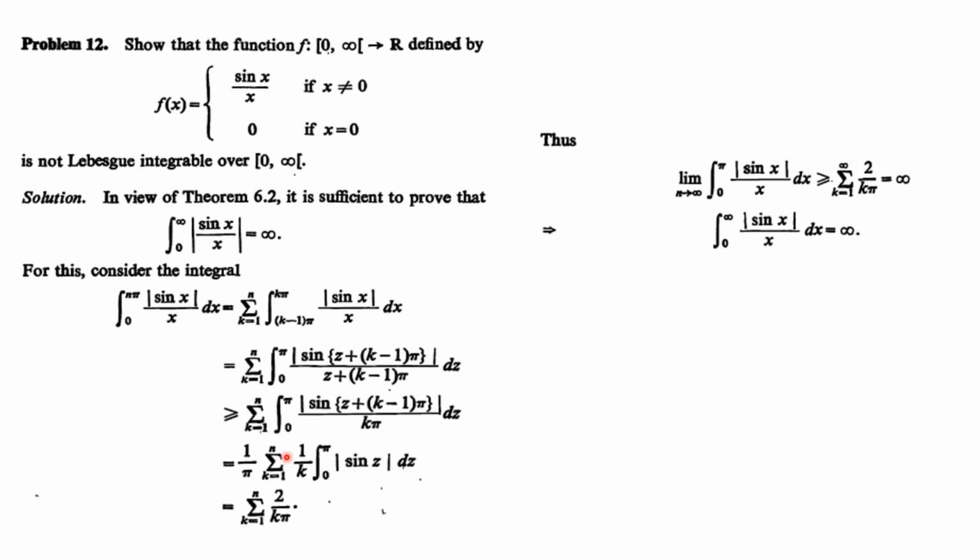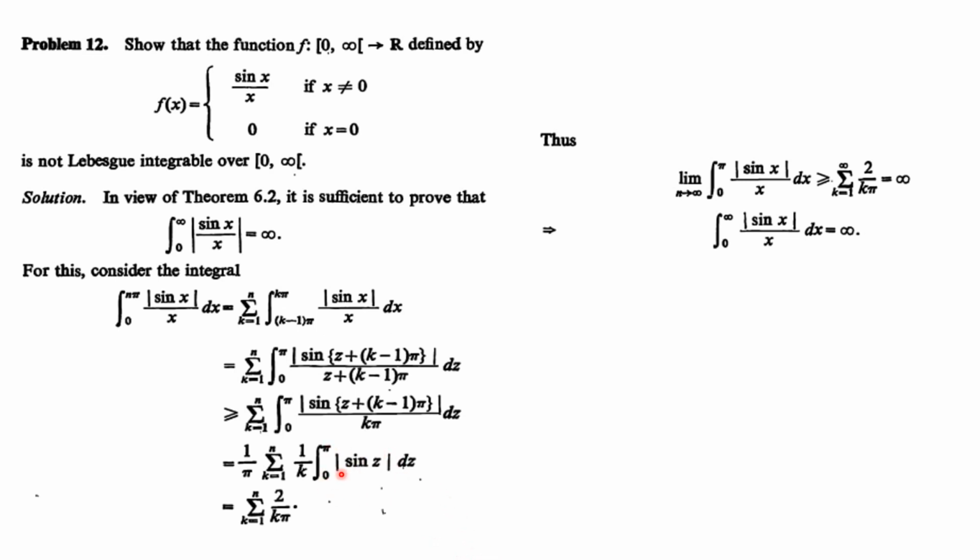Now you can find out the value of this integral. It will be split into two parts, from 0 to pi by 2 and from pi by 2 to pi. From 0 to pi by 2, mod of sin z is positive, and from pi by 2 to pi, again it is positive.